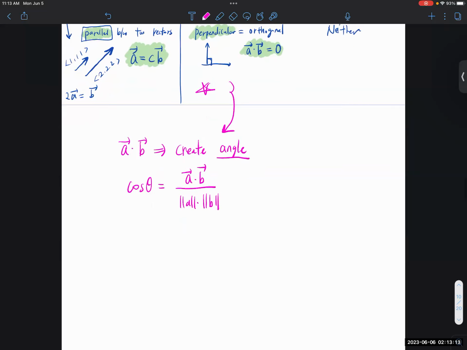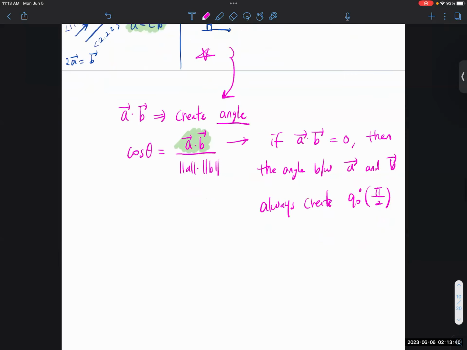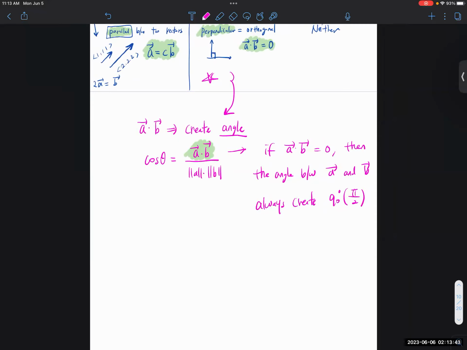And we just found that if A dot B is 0, then the angle between A and B always is 90 degrees, which is pi over 2 radians. Therefore, this is a true statement.